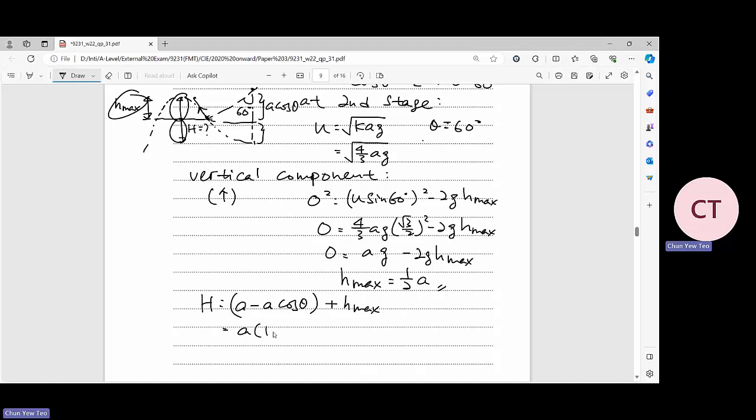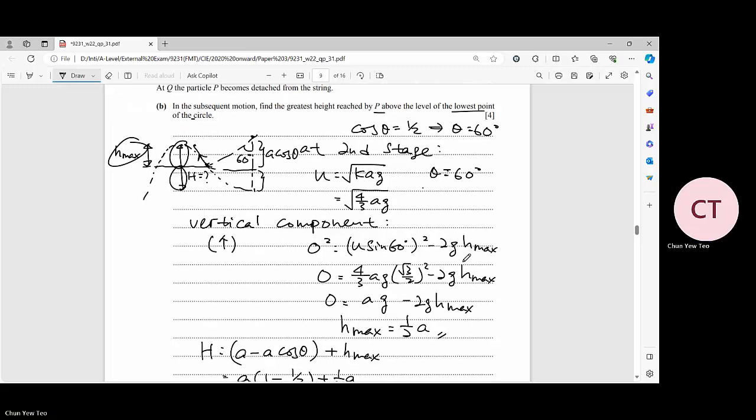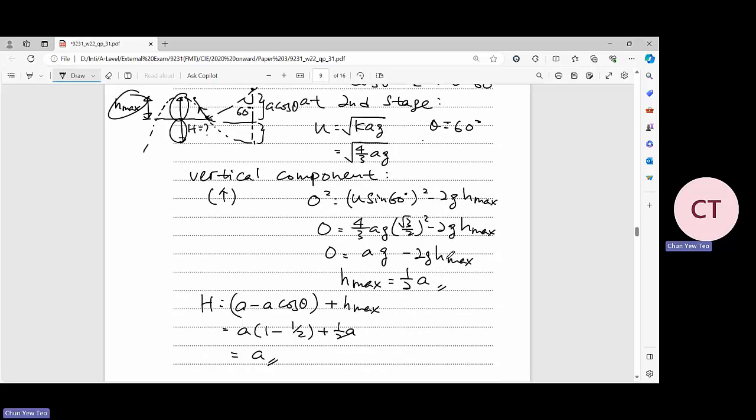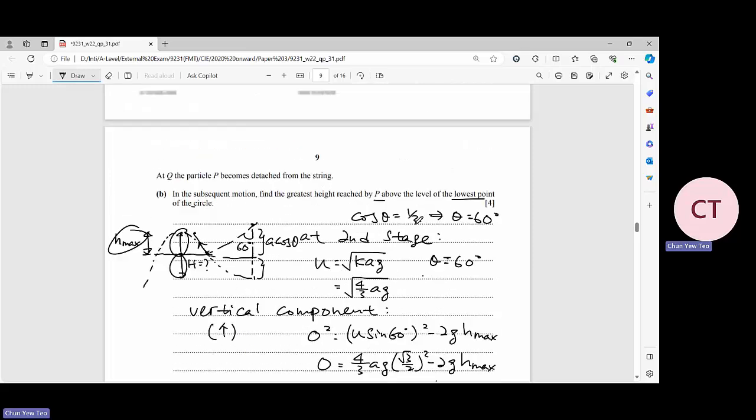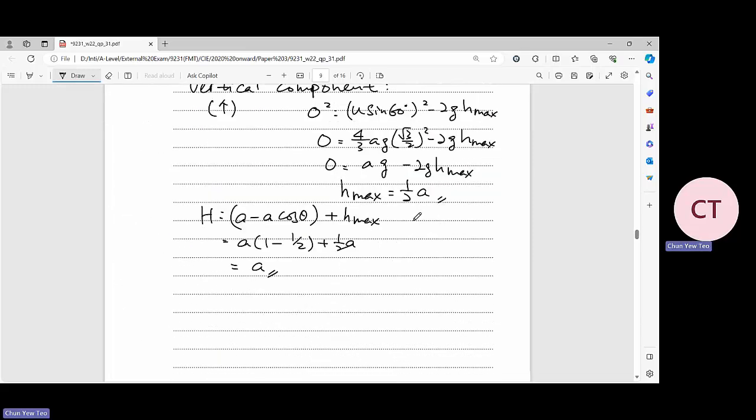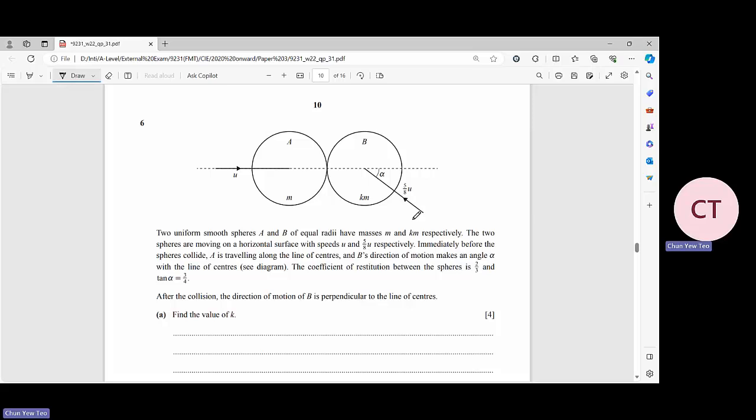So a times 1 minus a half plus a half a. At the end, you get a. That will be the maximum height above the lowest point of the circle. So this will be the answer for question number 5. Move on. Question number 6.